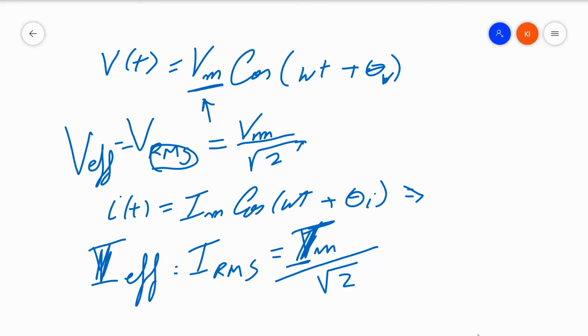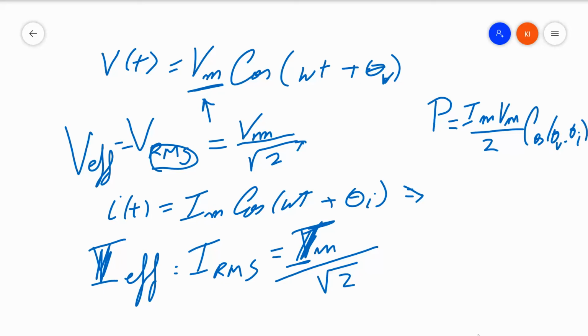Well, the reason they do that is because they are interested in writing P, which was the real power or the average power, written as Im Vm divided by 2 times cosine of theta V minus theta I, right?